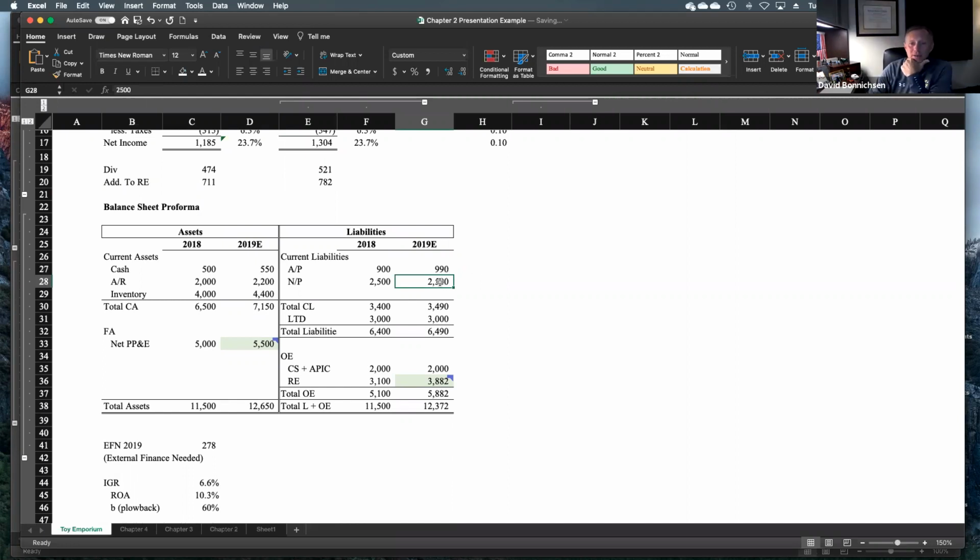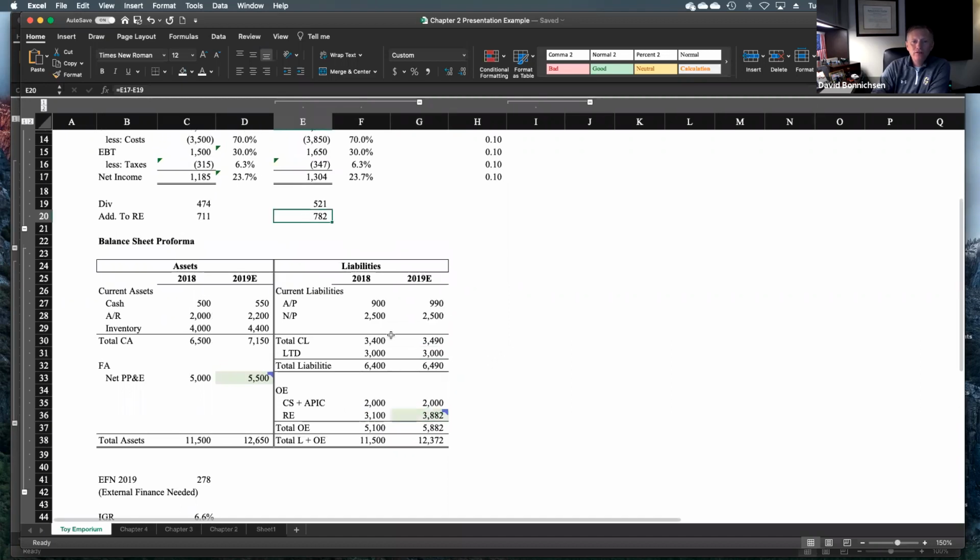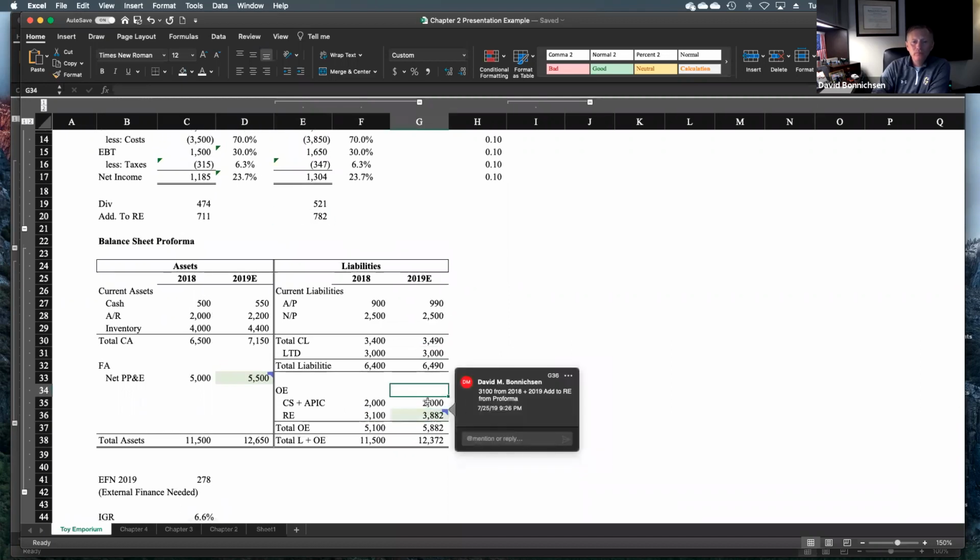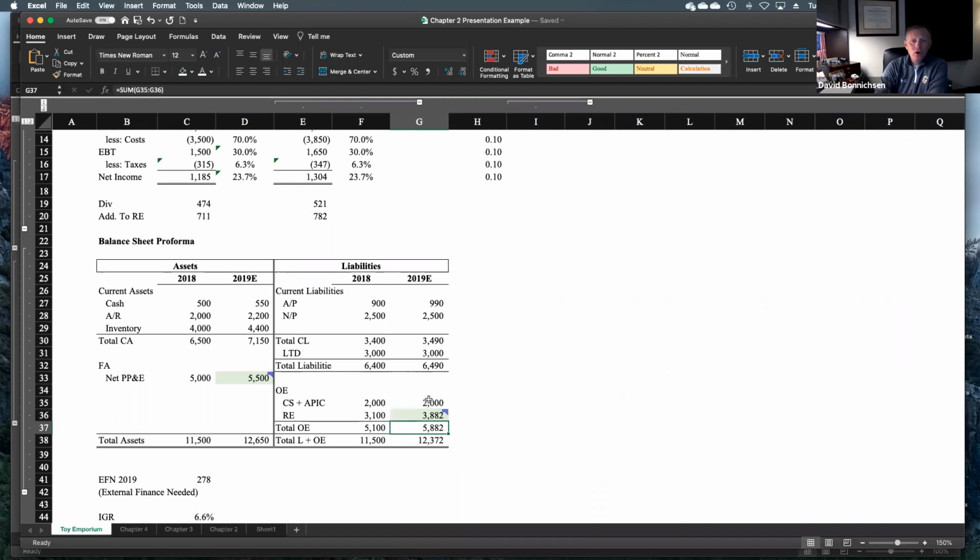Kept notes payable the same, kept long-term debt the same, kept common stock the same. And then the only thing we did to retained earnings was we took what we started with and we added what we projected to flow into it. And then we just did all the math.